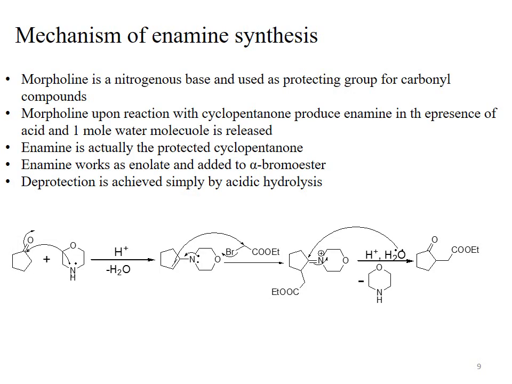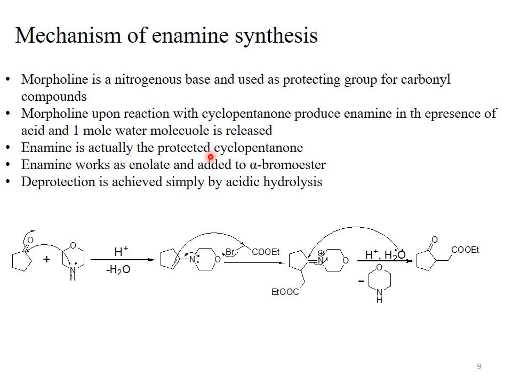Mechanism of enamine synthesis. Morpholine is a nitrogenous base and used as a protecting group for carbonyl compounds. Morpholine, upon reaction with cyclopentanone, produces enamine in the presence of acid, and during this reaction, 1 mole of water is released.